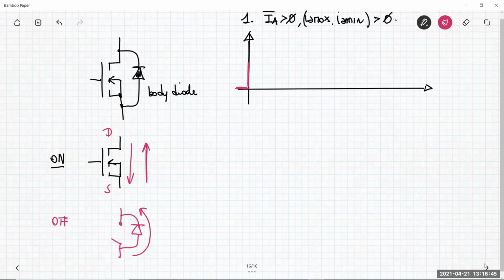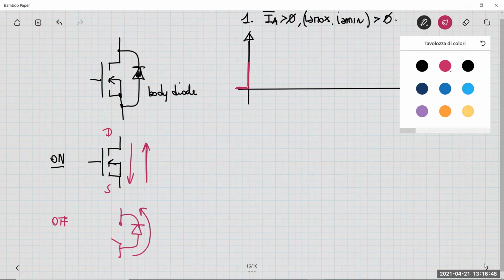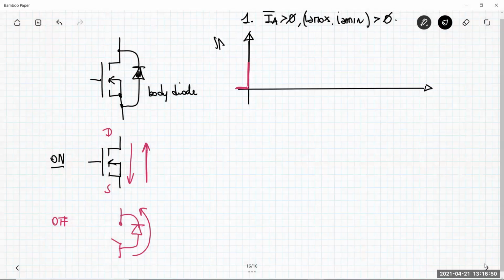I have the VAN, so both AC plus DC. I don't know the duty cycle, I just put a rectangular waveform without worrying about the correct value of the duty cycle here.